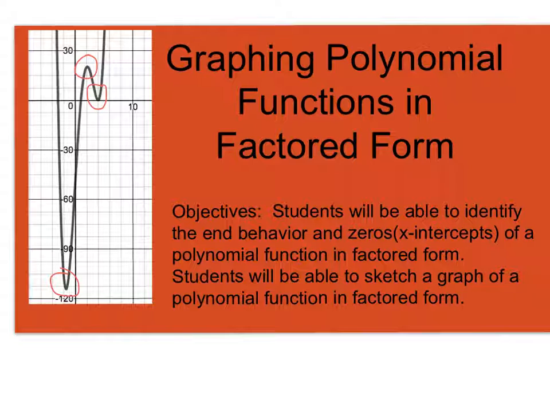Because this graph is decreasing from left to right, and then once it hits this turning point down here, it's going to start increasing, and then it hits this turning point here, and now it starts decreasing, and then it's increasing at the end.